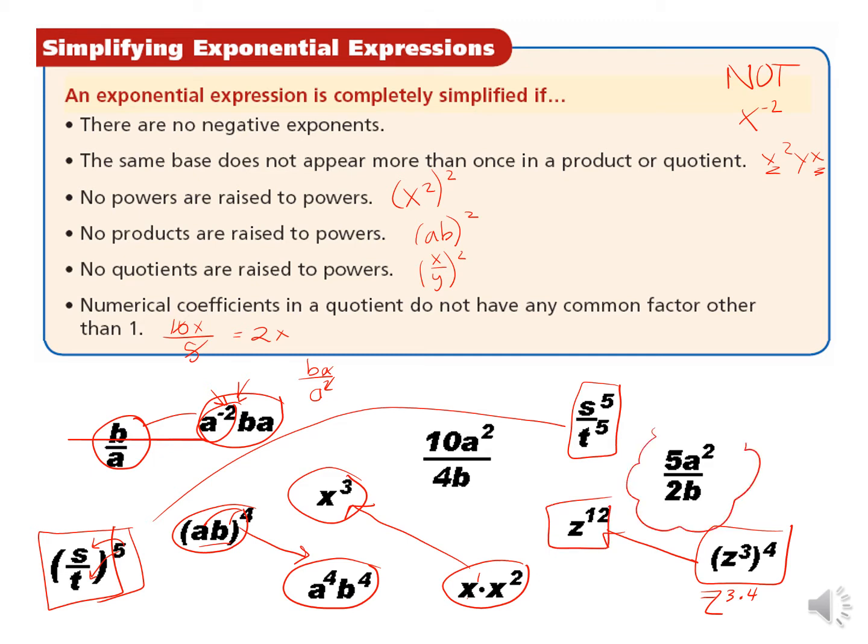This one here is the simplification of that one there, where we had 10 over 4, 10a squared. The 2 goes into that 2 times and goes into there 5 times. So that is the one for that one. Those are all the different examples that I gave you above.